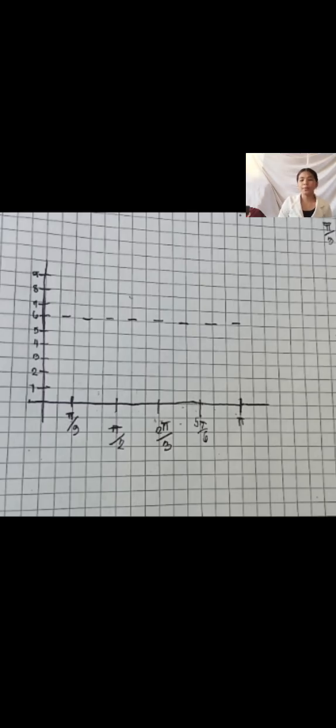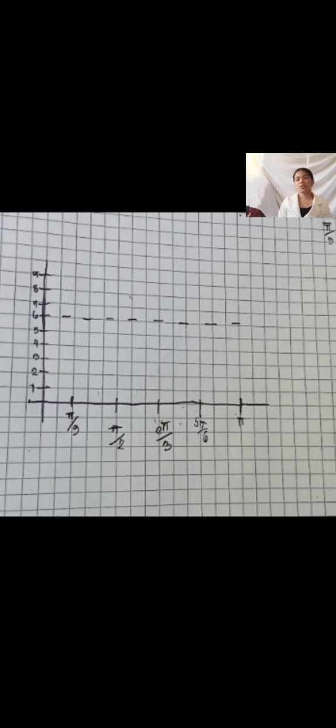So 3 pi over 3, which can be reduced to pi. Then we divide it in half, and the answer is pi over 2.